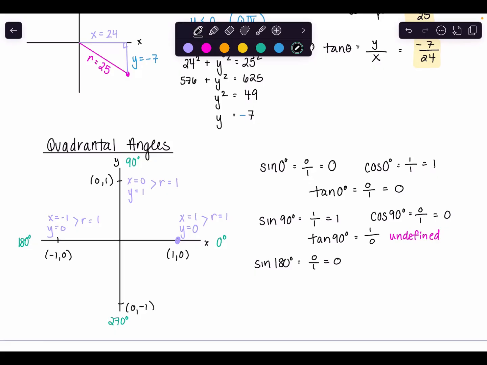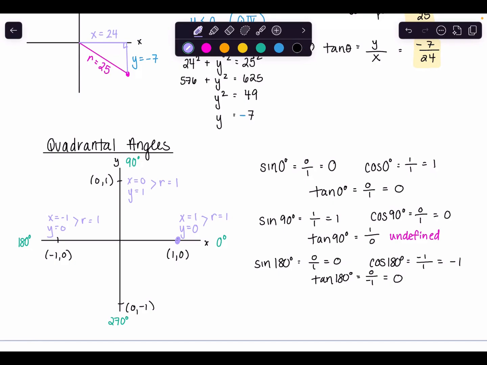So same thing as 0 degrees. Cosine of 180 degrees is going to be negative 1 over 1. So you get negative 1. And then tangent of 180 degrees is going to be 0 over negative 1 or 0.